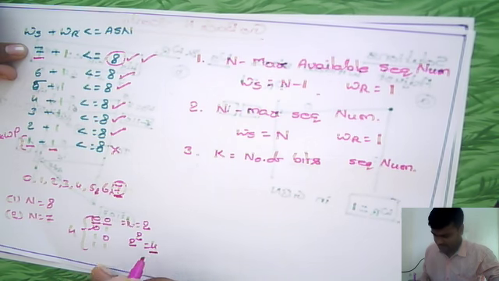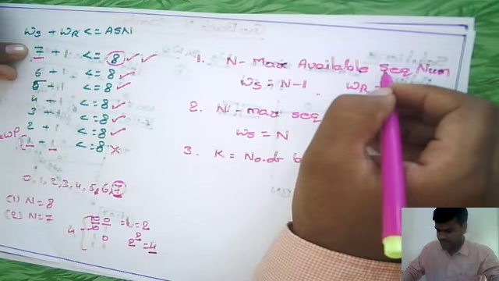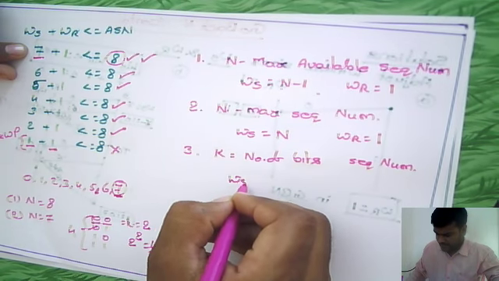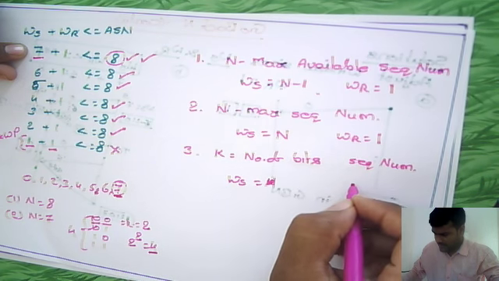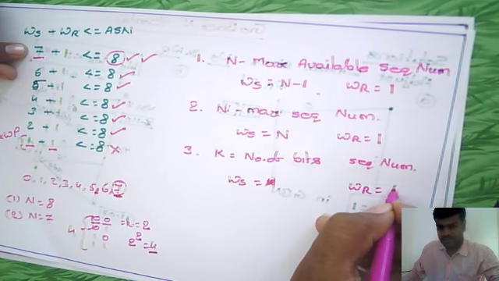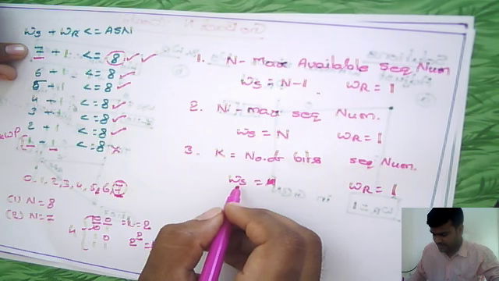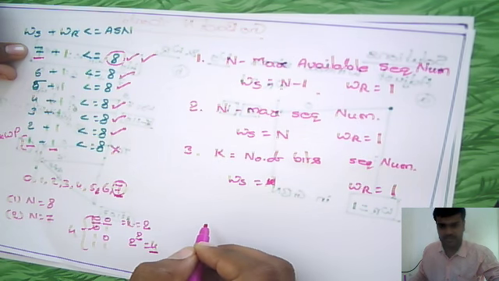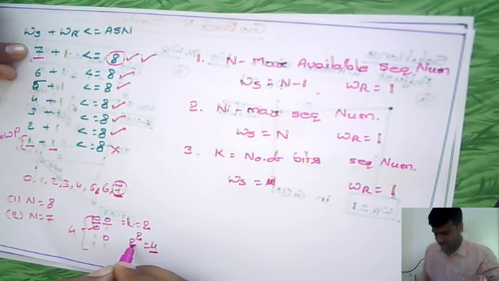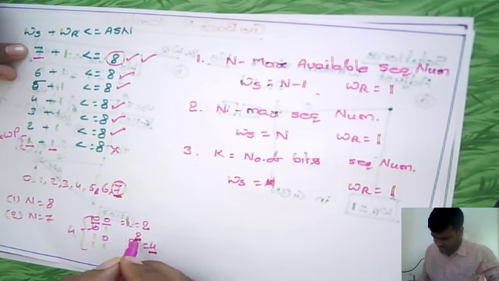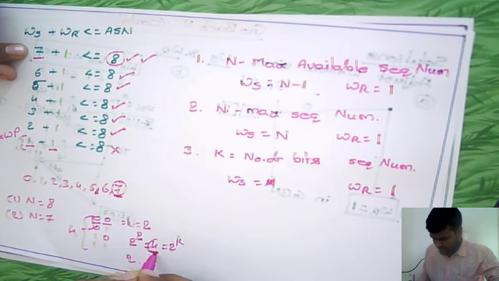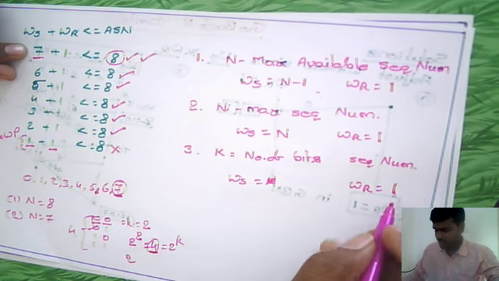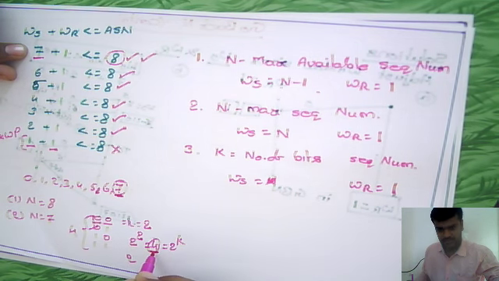In the same way we can derive it for N. The receiver window size is always 1, and in terms of K, 2 raised to K is the total sequence numbers. One sequence number has to be reduced, so 2 raised to K minus 1.